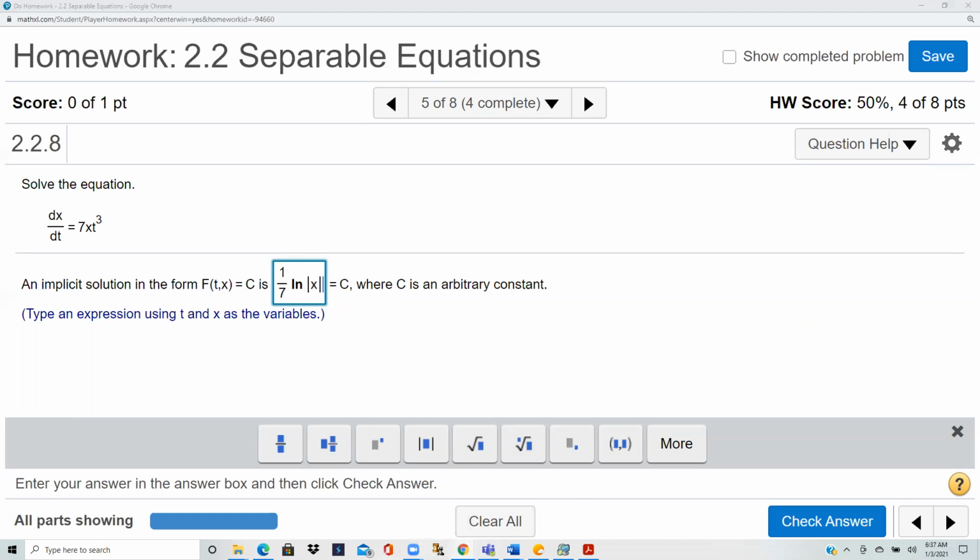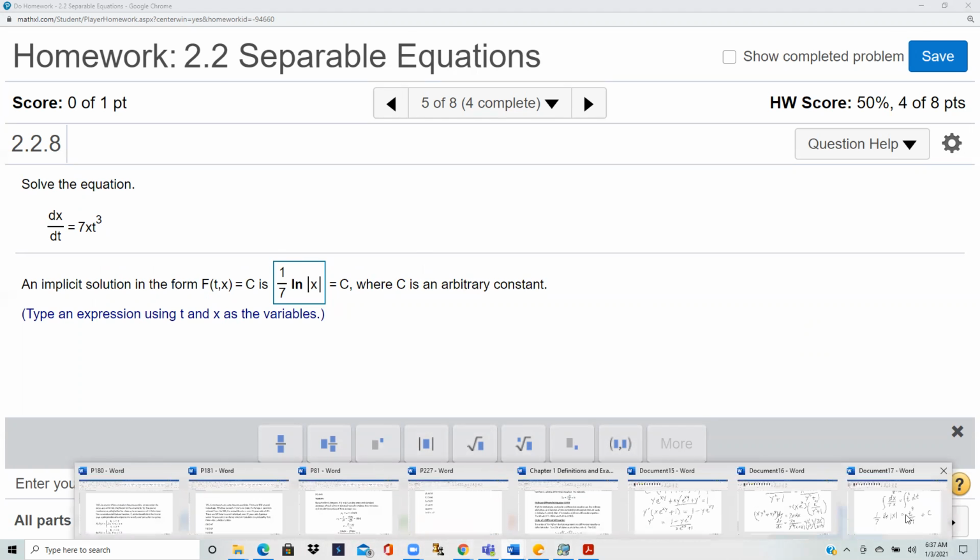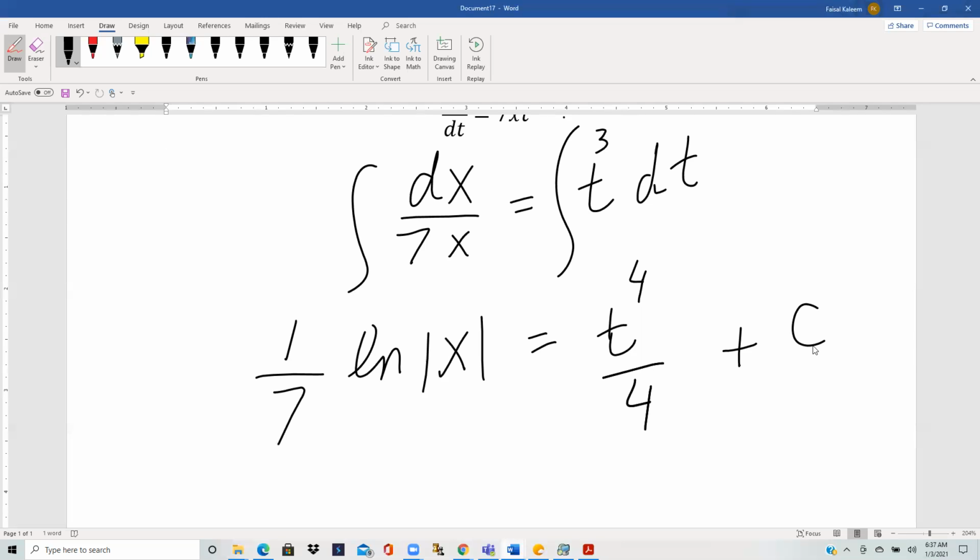So let me show you again. They want just the c on the right hand side. So we bring this one to the left, so it gets subtracted. So minus t^4 over 4.